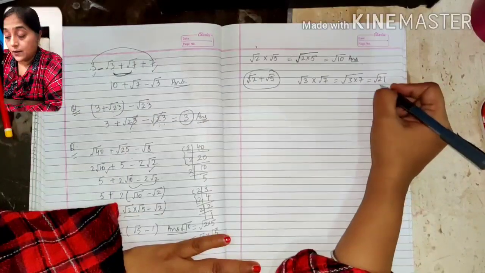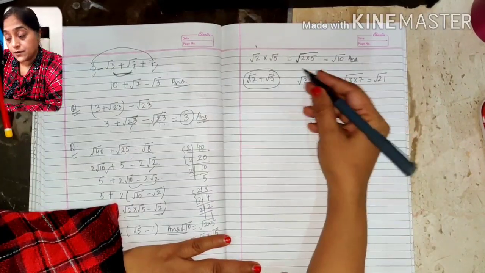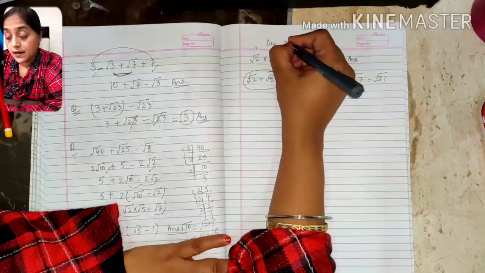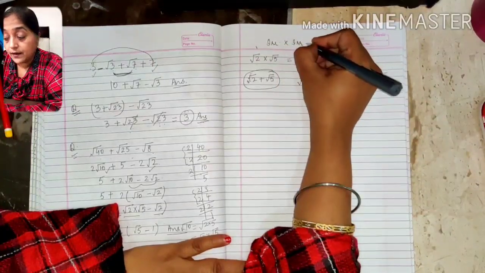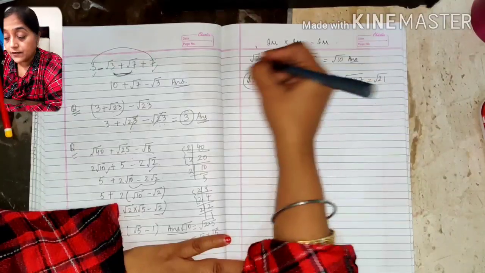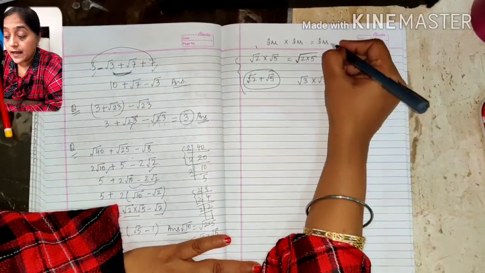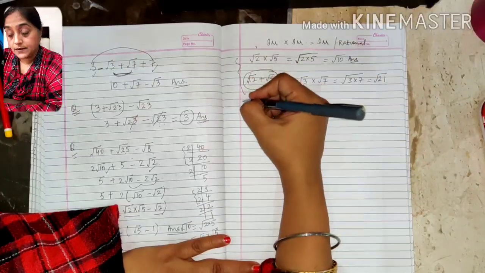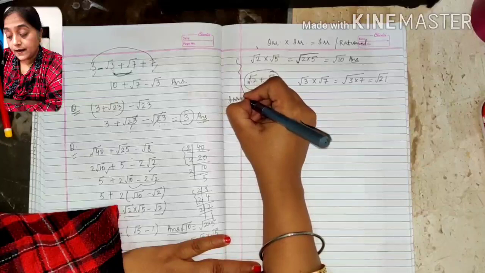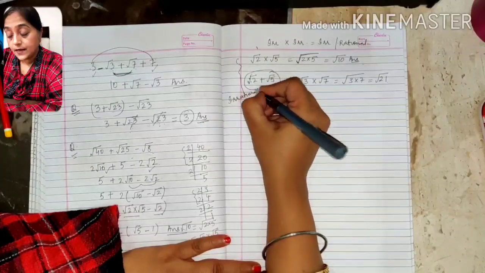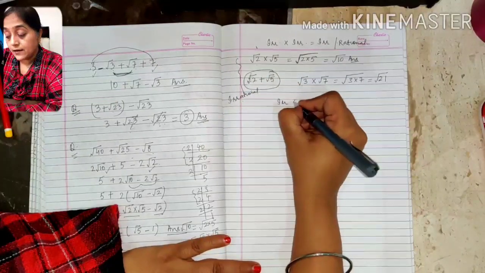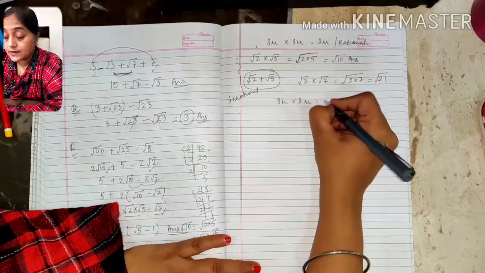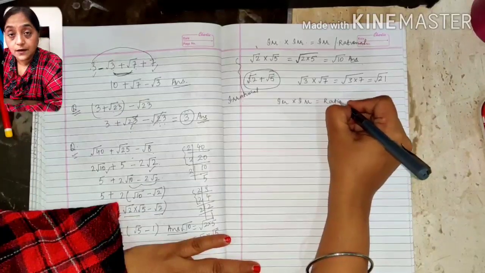Clear? Now, this is multiplication of two irrational numbers. Whenever an irrational number is multiplied with an irrational number, it can be irrational, as in these two examples, and it can be rational also. In the next question, I will multiply an irrational number with an irrational number and get a rational number.